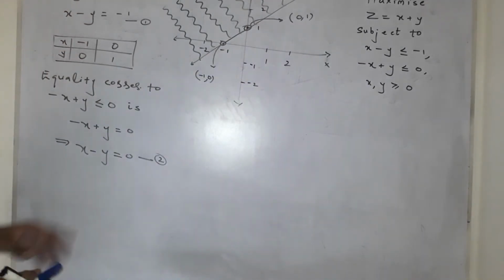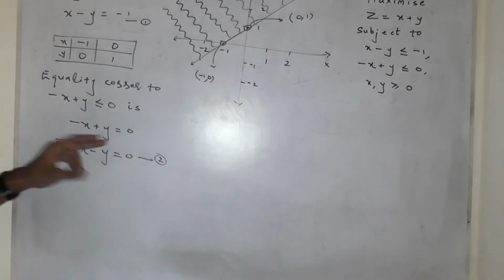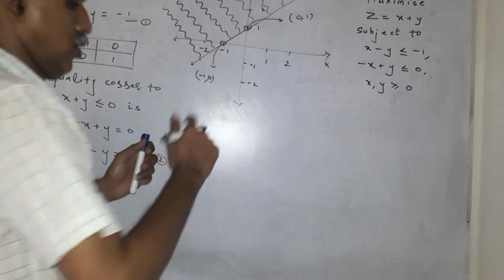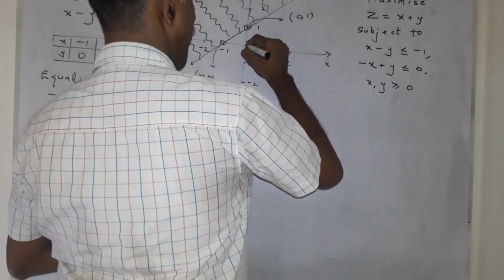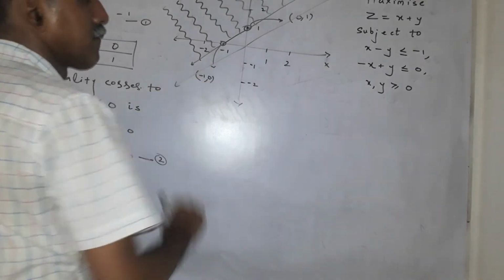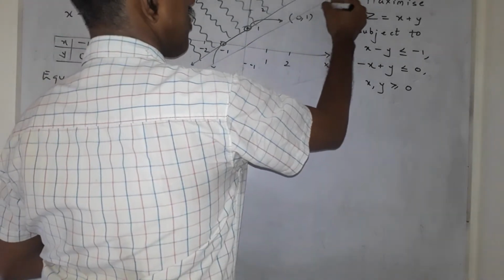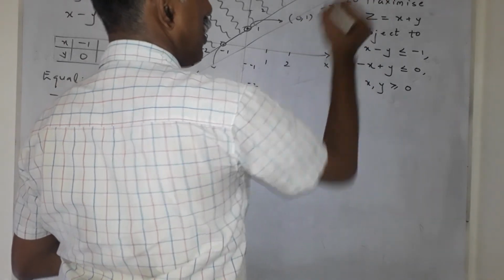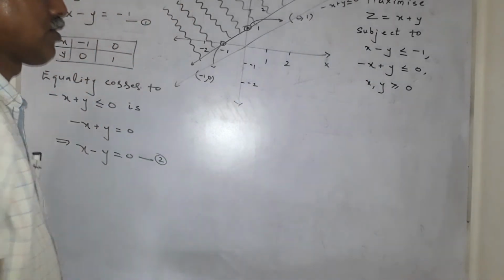Now we talk about the other one, x minus y is equal to 0, a line parallel to this line but passing through origin. So this is the line. It is minus x plus y less than or equal to 0.